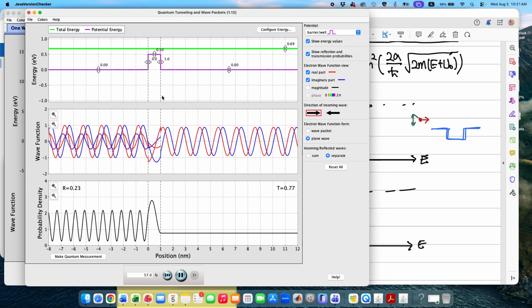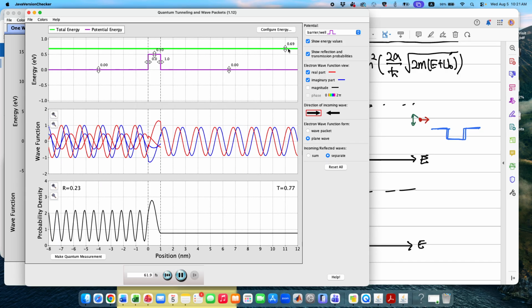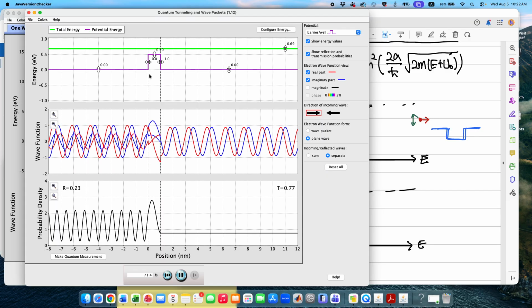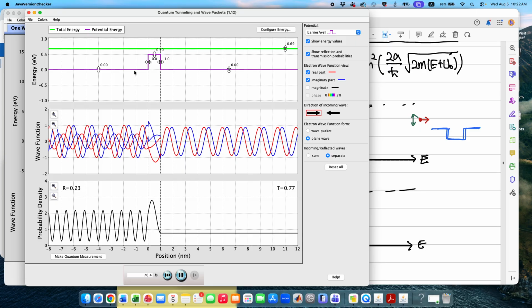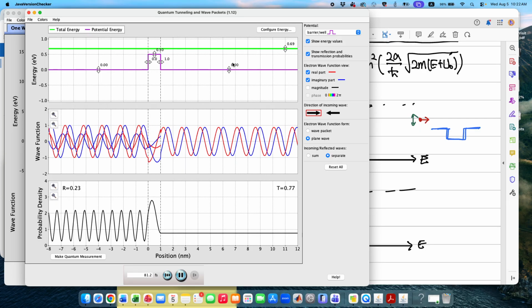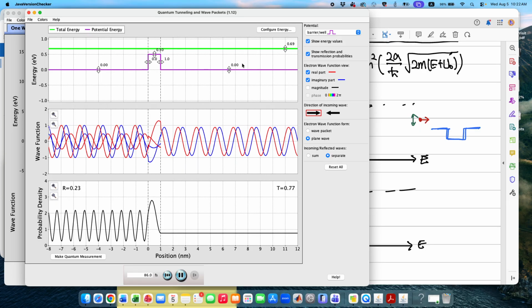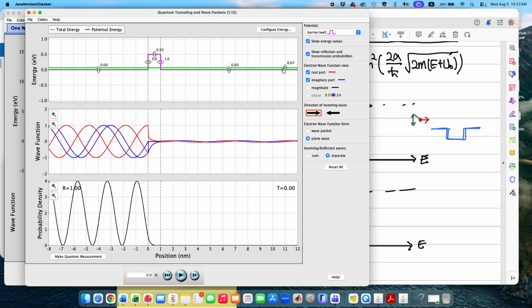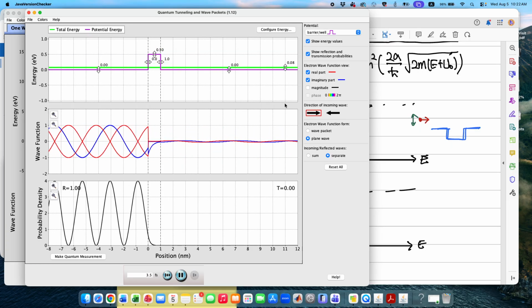Okay, and then what if we send this particle just between these energies, the bottom of the wall height and the top of the wall height? This is also a very interesting observation here. If I decrease here, so I'm sending the particle, but in this case, the wall width is finite, right?